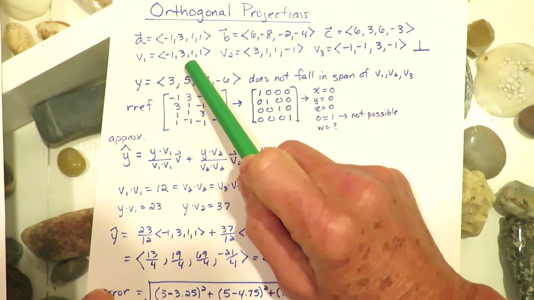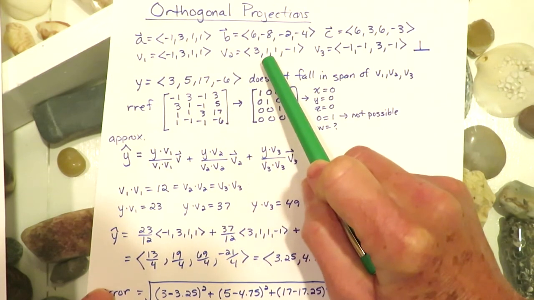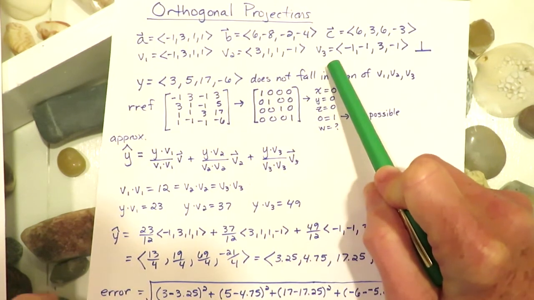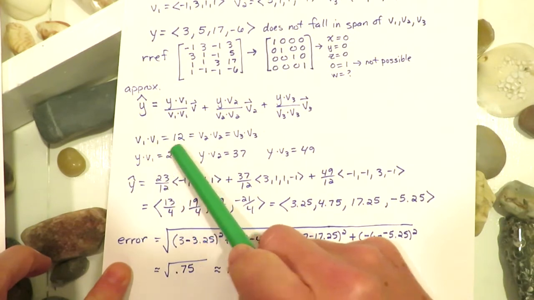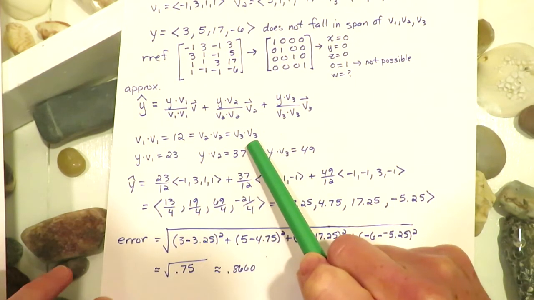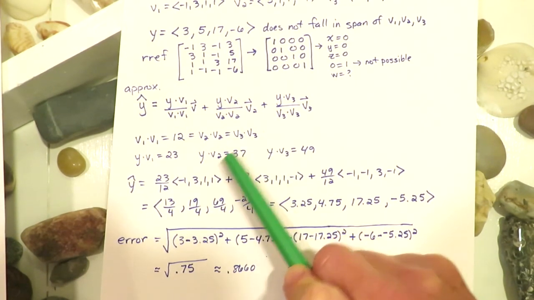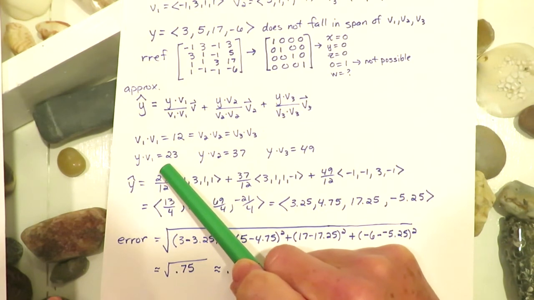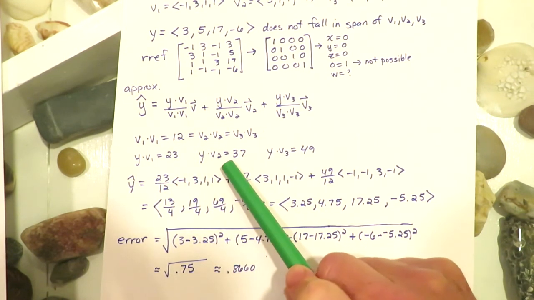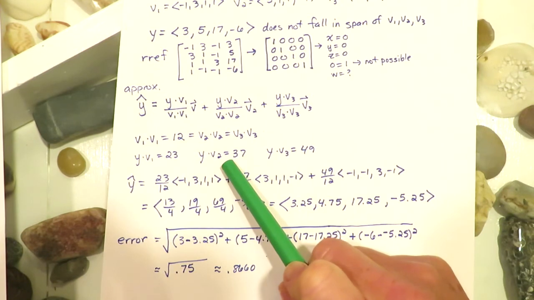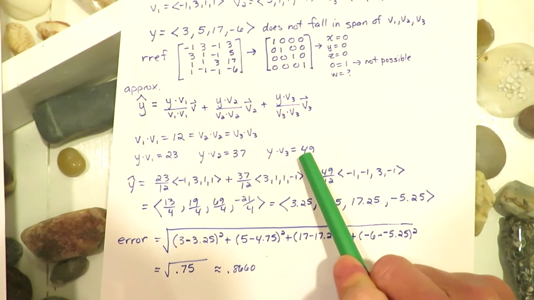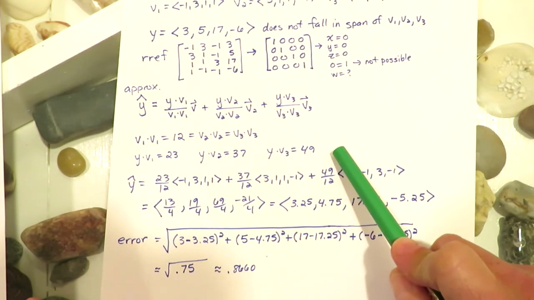So V1.V1 is 12, V2.V2 is 12, V3.V3 is 12. So all of the dot products in the denominator is going to be 12. And then Y dotted with V1 is 23, Y dotted with V2 is 37, Y dotted with V3 is 49.